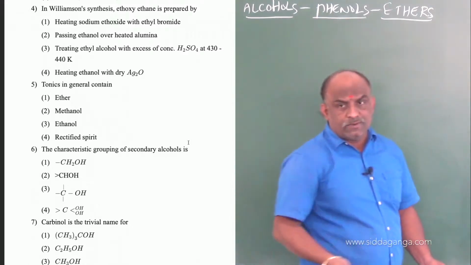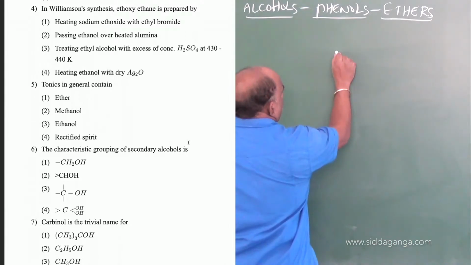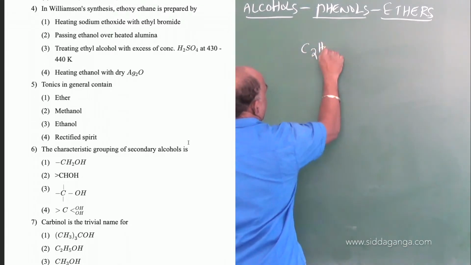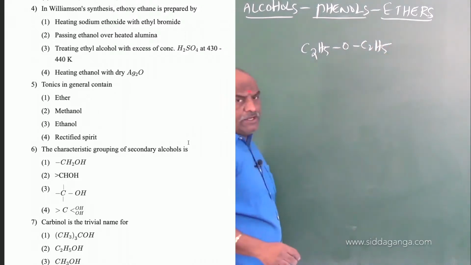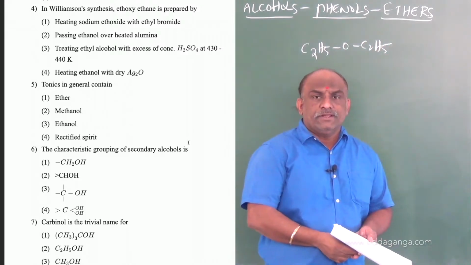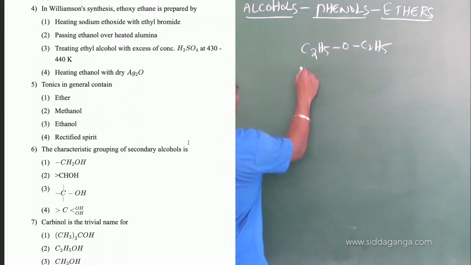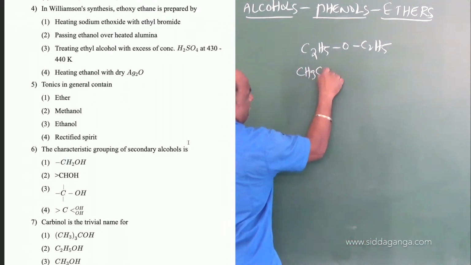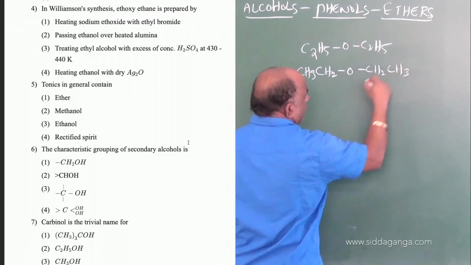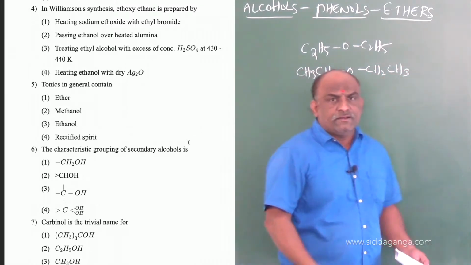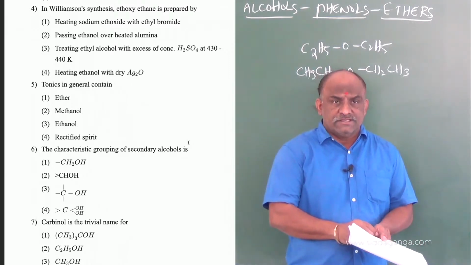Eth means 2 carbons, oxy means O, so C2H5 O C2H5. We should write it like this: CH3CH2OCH2CH3. So it is ethoxyethane, prepared from Williamson synthesis.